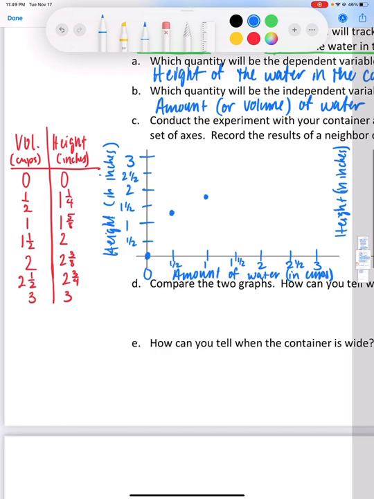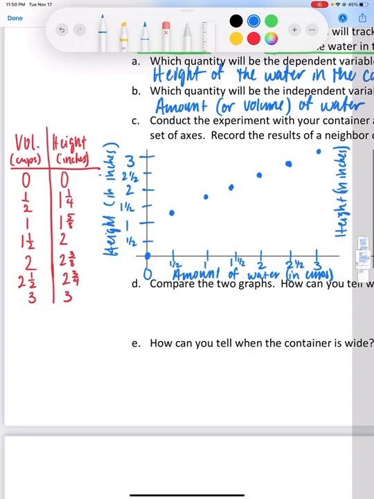Next is I have 1 1/2 cups, and it's 2 inches. So it's just right here. At 2 cups, I have 2 3/8 inches, which is just under 2.5 for that value. The next value is 2.5 cups. It's at 2 3/4 inches, which is right about here. And then 3 cups in 3 inches, which is right here.